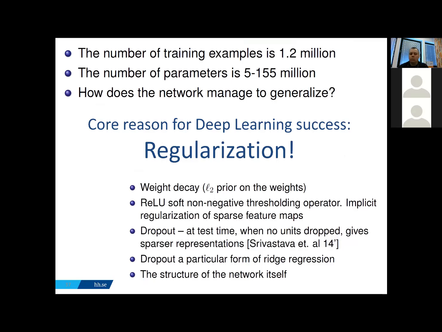The core reason for why deep learning actually works is regularization. If you think of it, you have something like 1.2 million examples. But in a network of AlexNet size, you have between 5 and 100 million parameters.